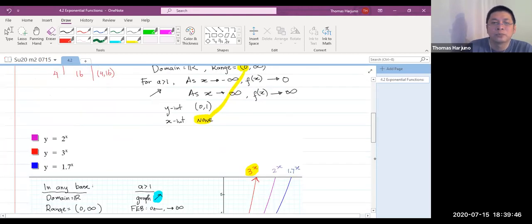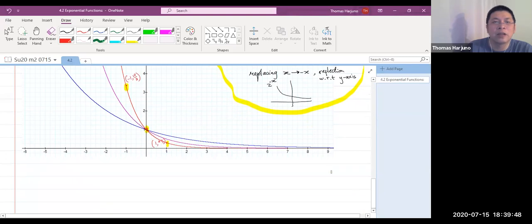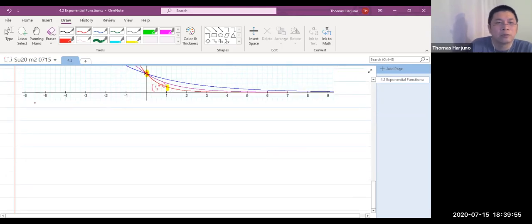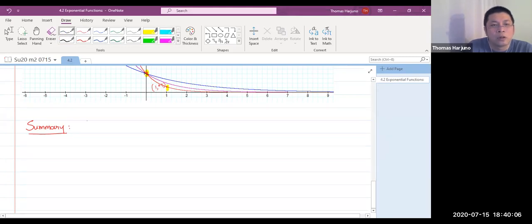Okay. Now from this explanation, let's summarize it. Use a big red color. Summary. Let y equals a to the x, where a is positive and a cannot be 1.